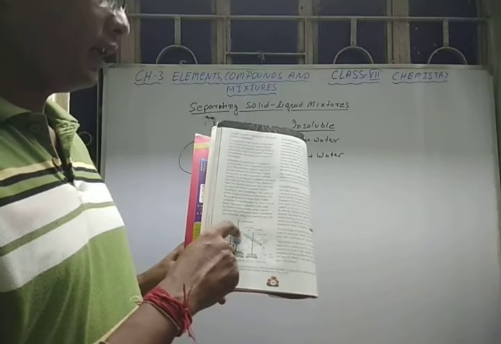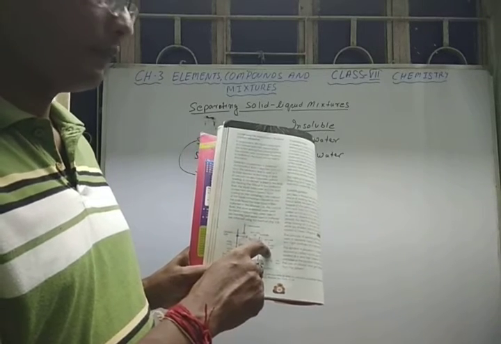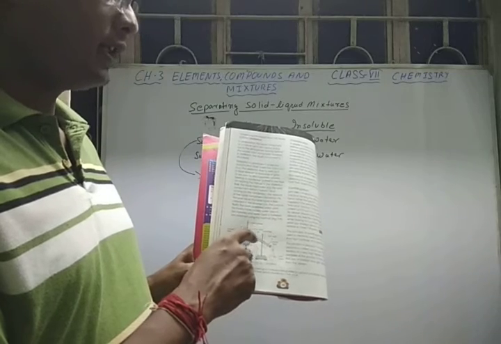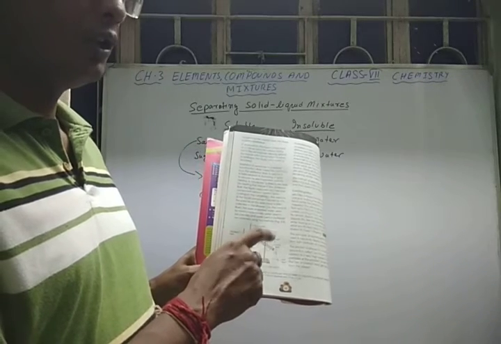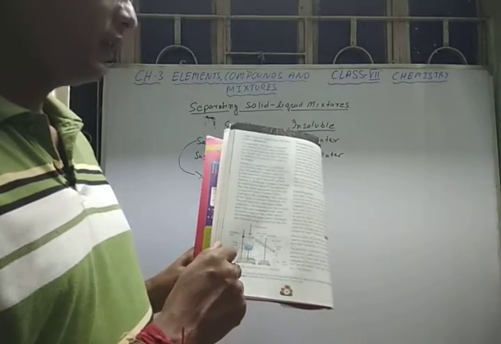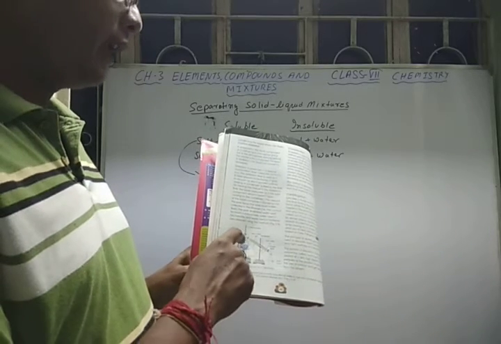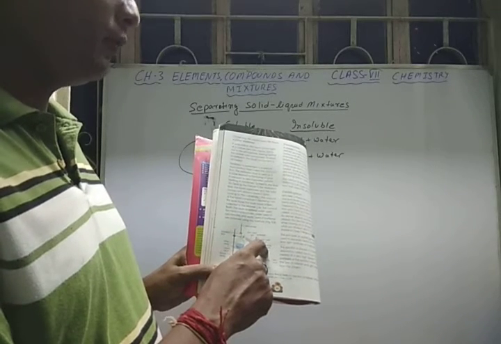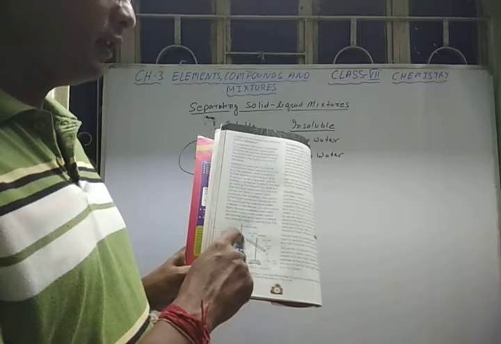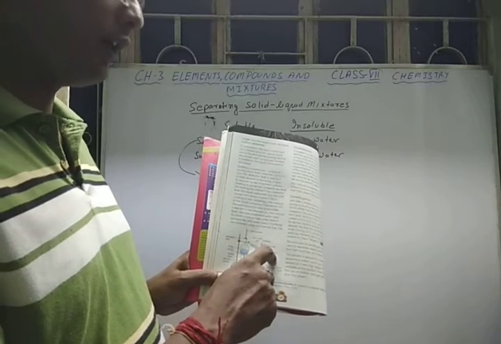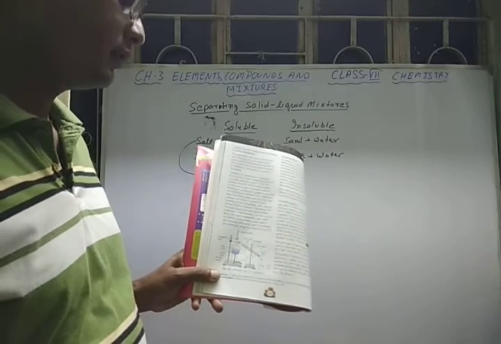From this spout, a condenser is fitted. This condenser is also connected with a cold water pipeline. And this spout has a delivery tube which passes inside the Liebig's condenser.